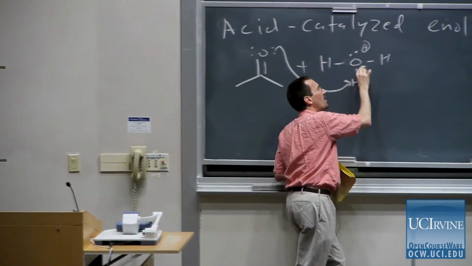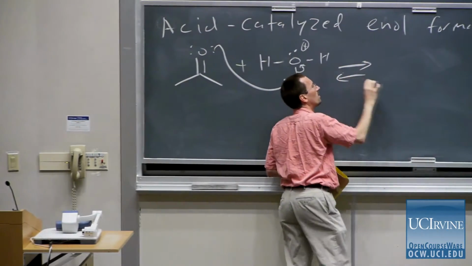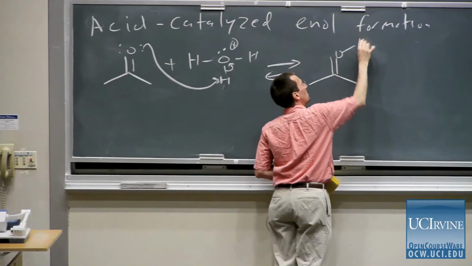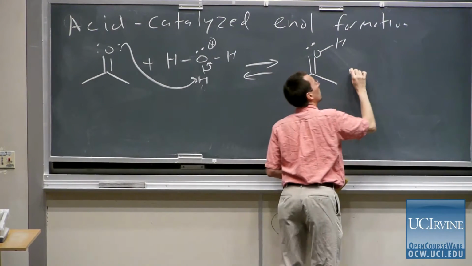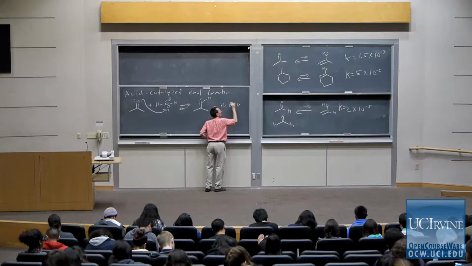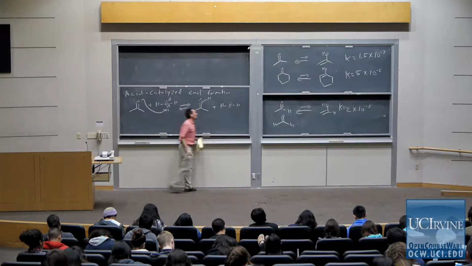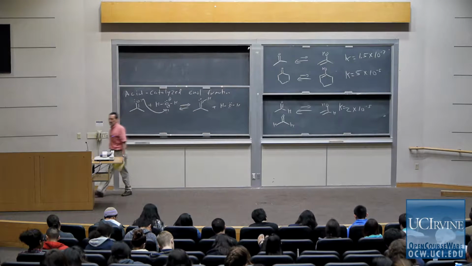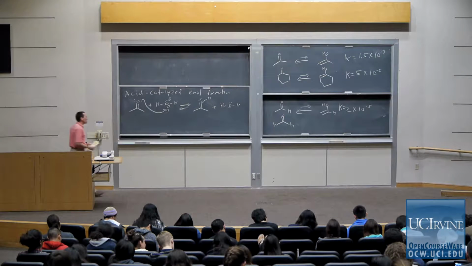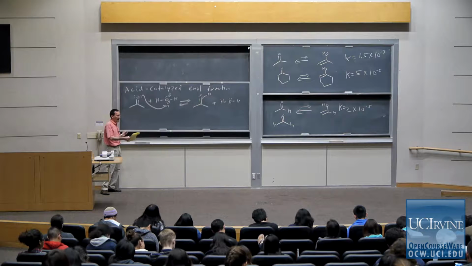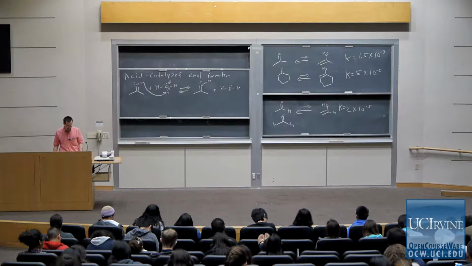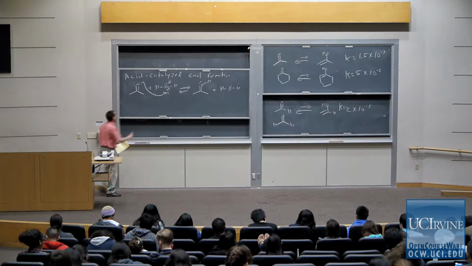And so you have an equilibrium where you can protonate the carbonyl. If we're looking at hydronium ion as catalyst, hydronium ion has been consumed in the first step of this reaction. And now we're going to recreate it in the second step of the reaction.